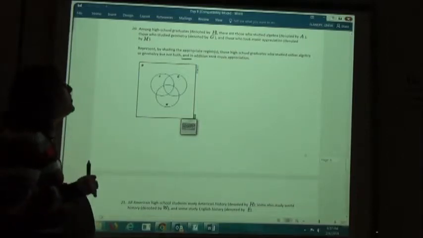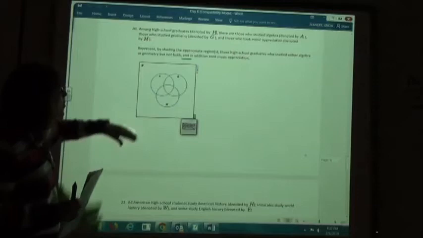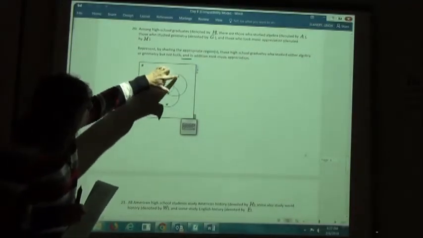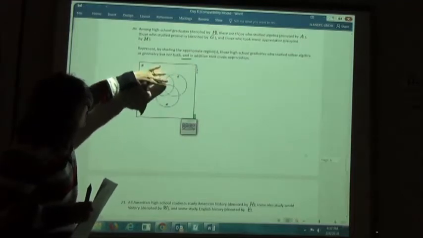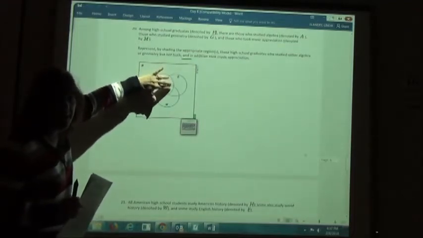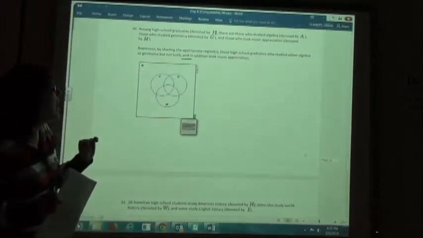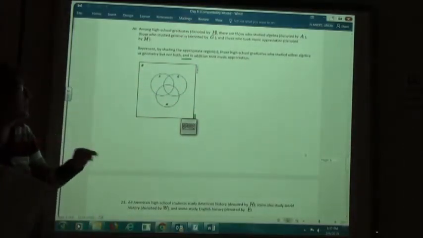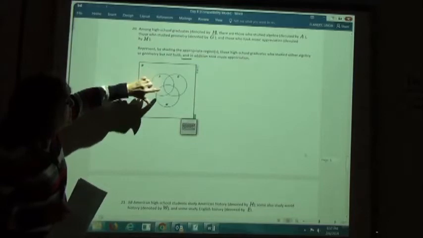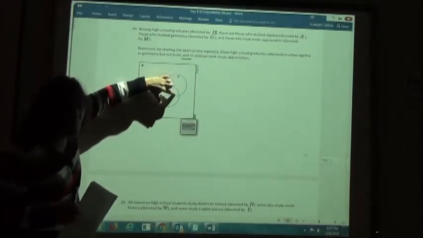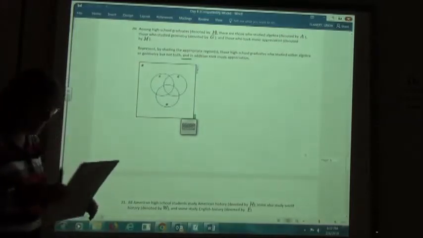So if I did algebra or geometry, but not both, here's my algebra section here. Here's my geometry section. I don't want the both, right? So I know I'm starting here or here. But in addition, I have to do the music appreciation. Of this section, these ones studied music appreciation, and these ones studied music appreciation.